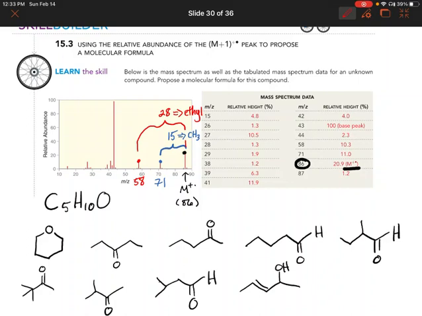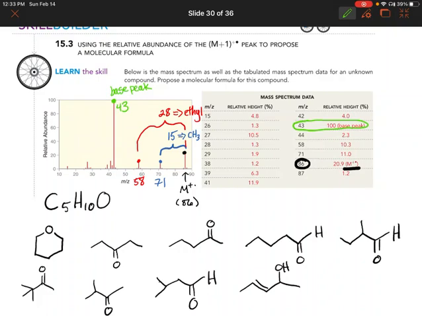Then let's look at our base peak. Our base peak is the tallest peak. So this will be the most common fragment that's lost. And this is at 43. And I can tell that looking at our list of peaks over here. But it's also at 100% for the relative abundance.